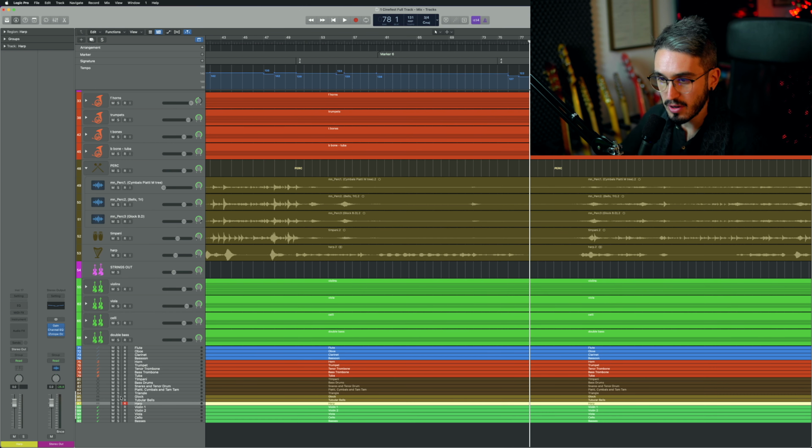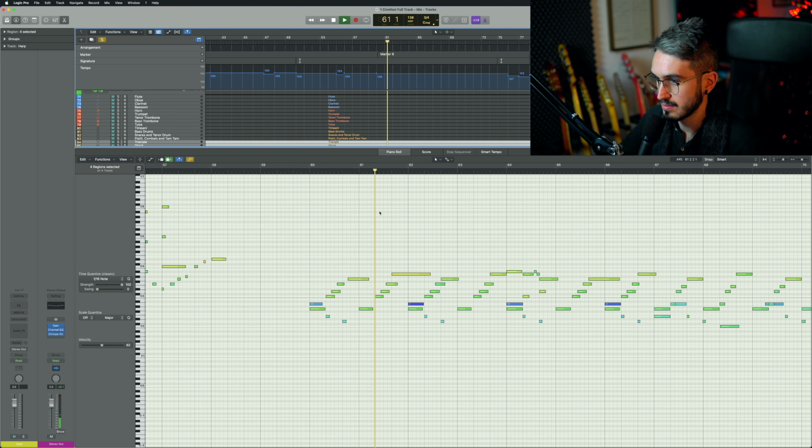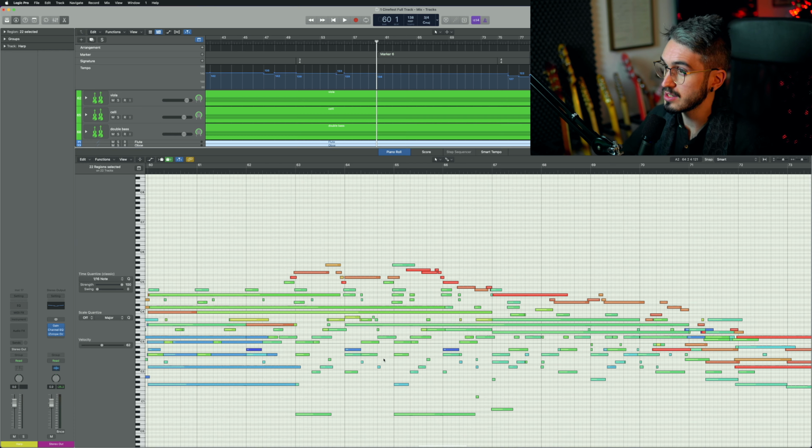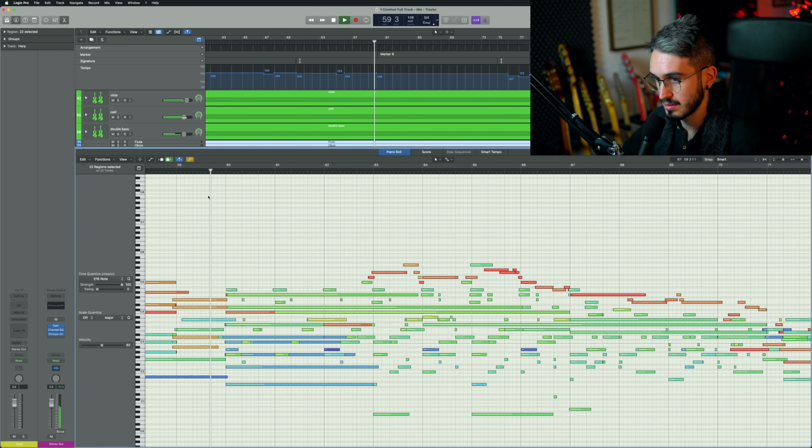And let's have a quick look at percussion. So we said we have the harp and triangle. So that was everything. Let's have a listen to this section again.